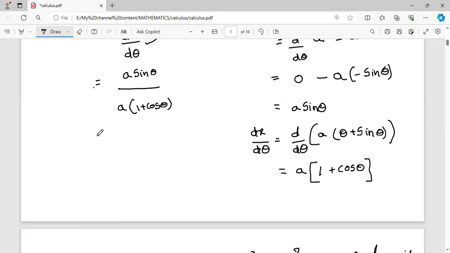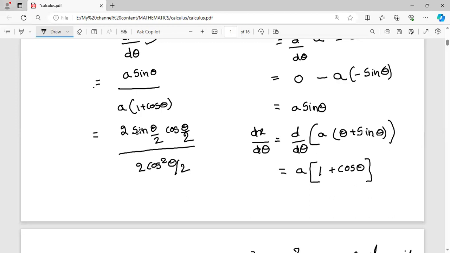We know sin theta is 2 sin theta by 2 cos theta by 2. It is in the form of sin 2 theta, that is 2 sin theta cos theta. Similarly, 1 plus cos theta is the formula of 2 cos square theta by 2. These are the fundamental relations.